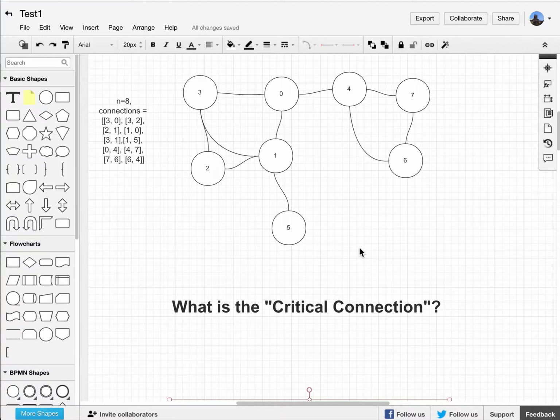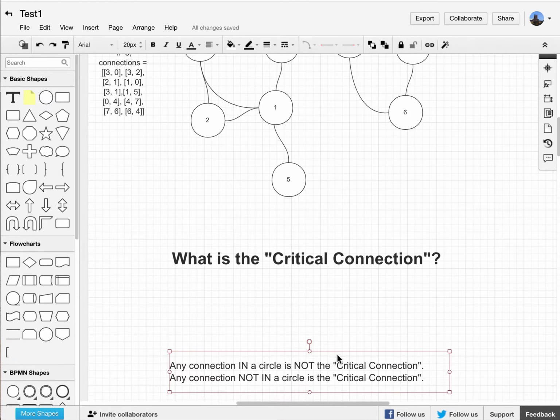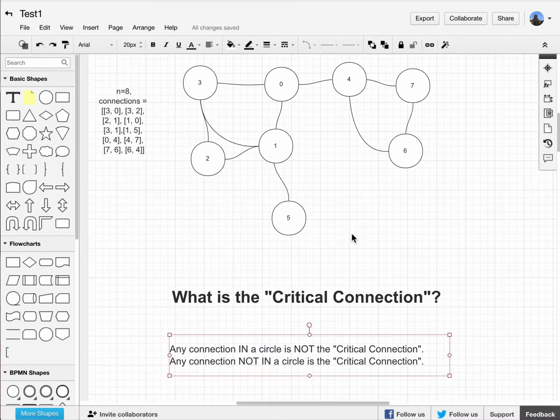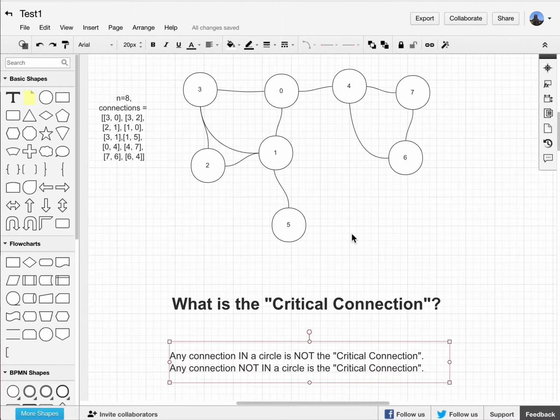The definition is not hard to understand. Any connection inside a circle is not a critical connection, and any connection not inside a circle is a critical connection. That's what we want.